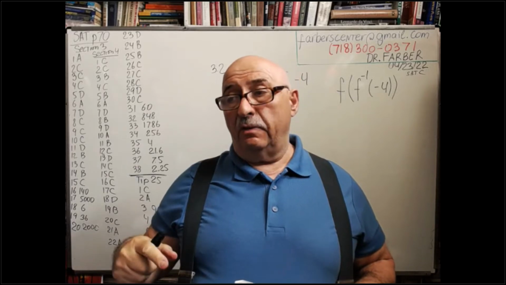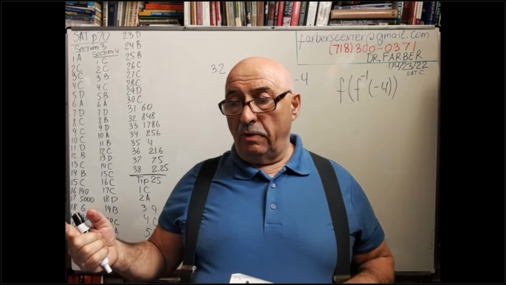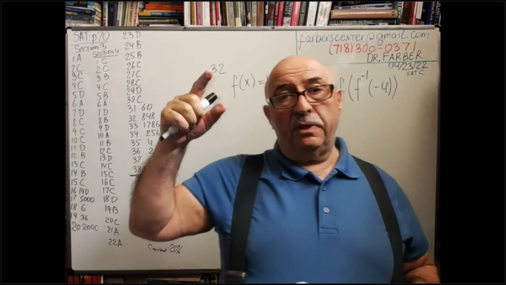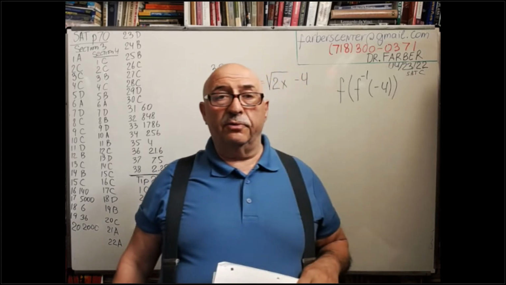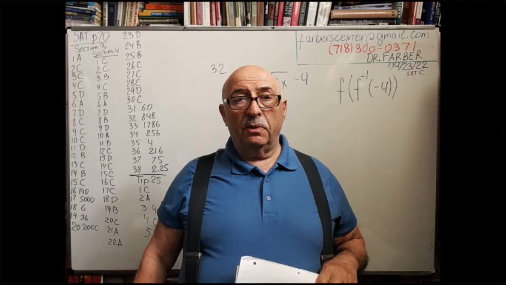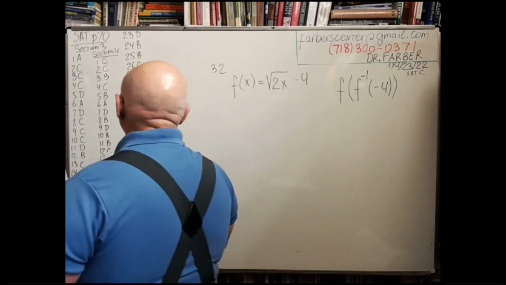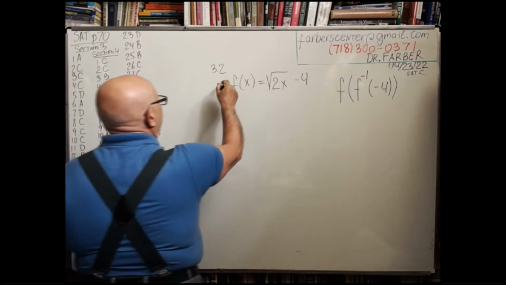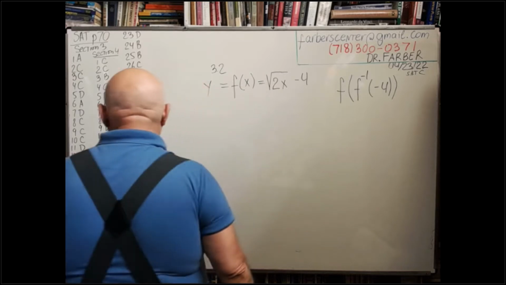If sine equals, let's say, 1 over 2, sine negative 1 would be pi over 6 or 30 degrees. In inverse function, by definition, you have to switch x and y. Now let's create this inverse function first.